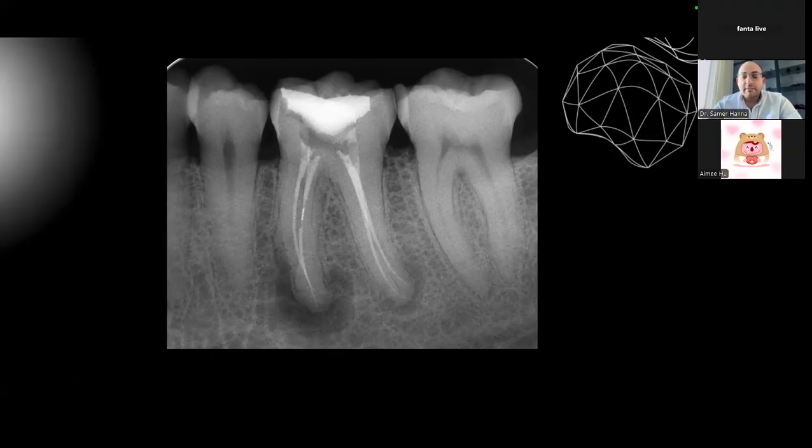We can see maybe a small fragment of separated instrument in the mesial canal, another one in the apical side. We can see the coronal restoration that has a huge void inside in the coronal 1/3 of the pulp chamber. We can see periapical lesion in the mesial root, which looks to be intensified, and another one in the distal root.